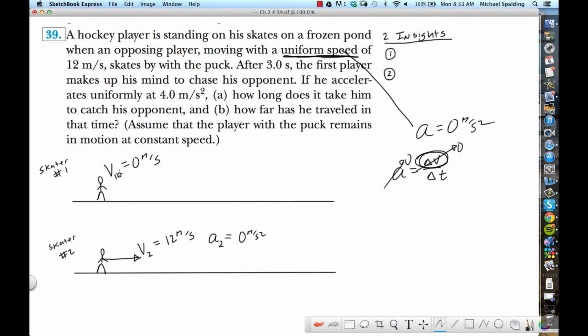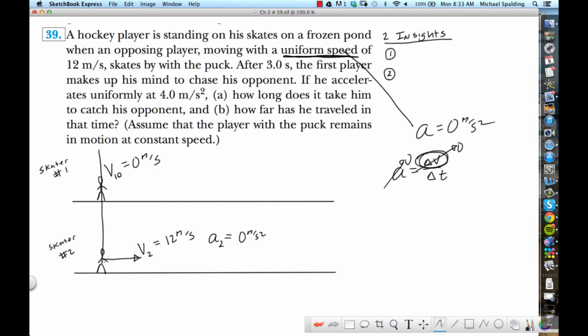All right, now what about skater number 1? So what happens is skater number 2 passes skater number 1. Skater number 1 stands there for how long? 3 seconds, and then what does he do? He starts to chase after skater number 2. So I'm going to draw a line right here.